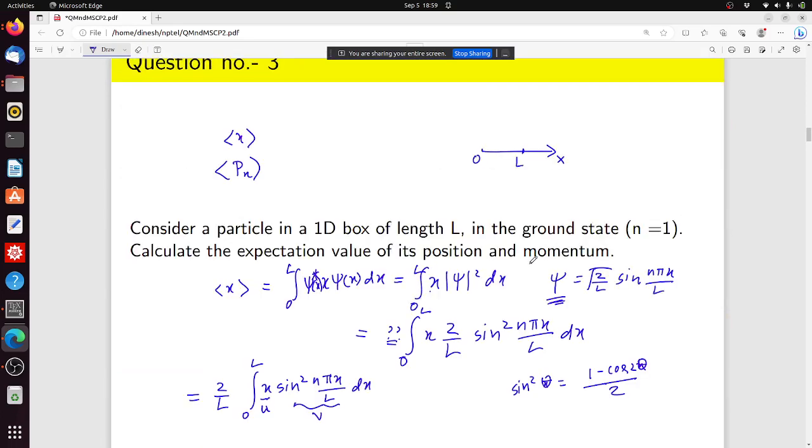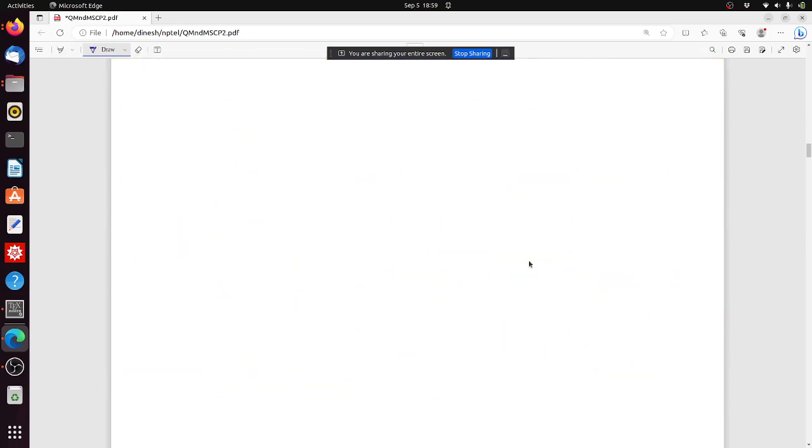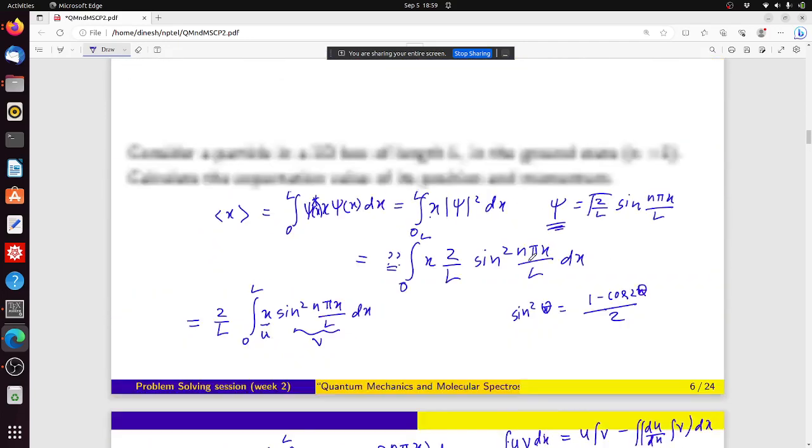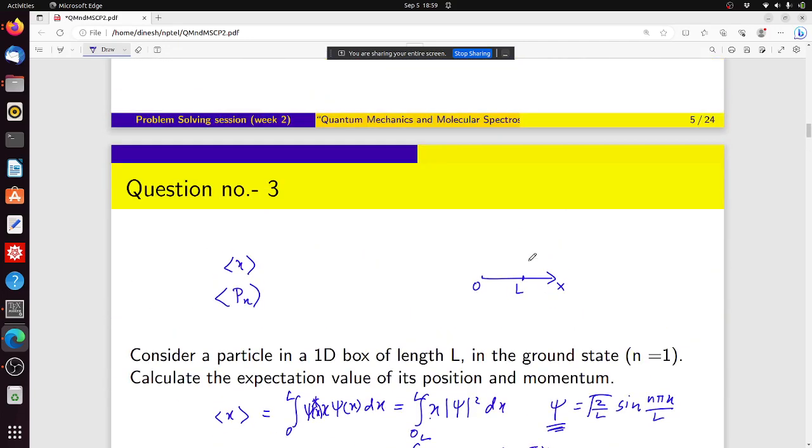Now we are also asked what is the expectation value of momentum. So you have to calculate this. Do you know the operator for this, px? What is the operator form of px in position space?